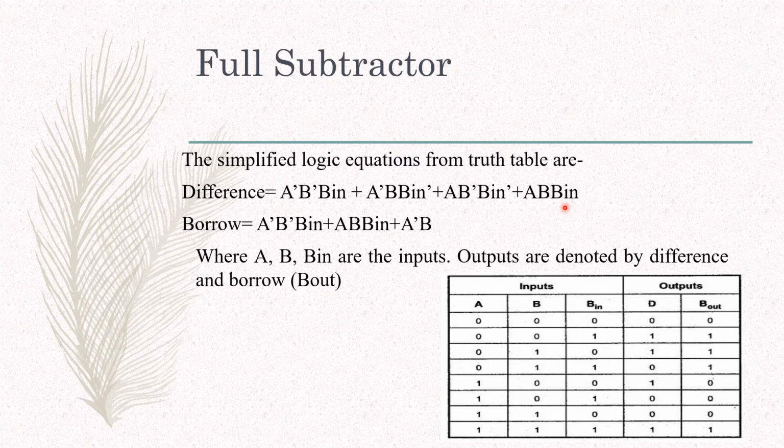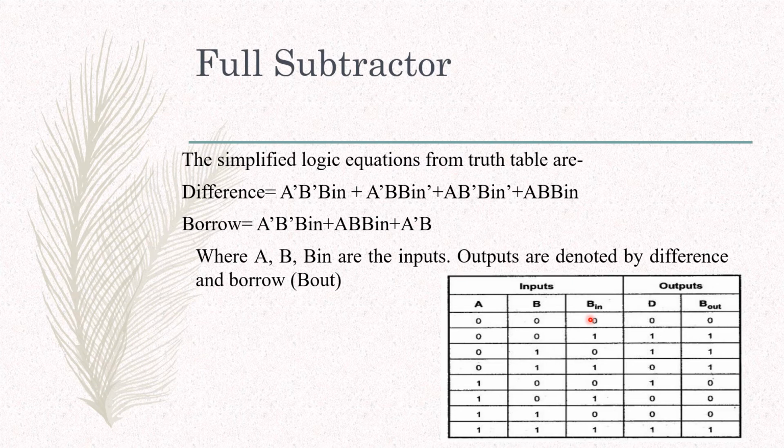This will give the difference, and the borrow will be given by A negation B input plus B input plus A negation B, where we have A, B and B input.